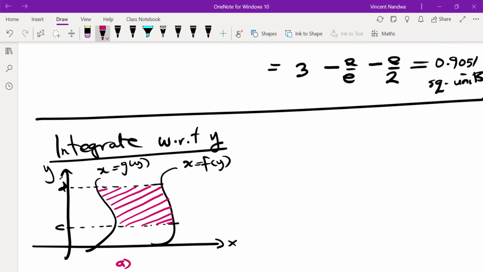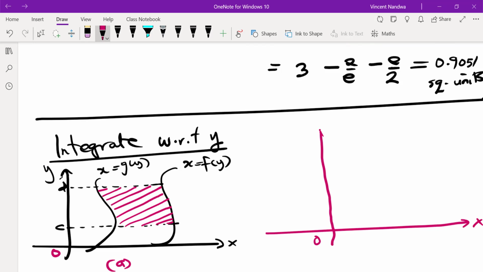This is case A, or we can have the x-axis 0, the y-axis. Then we can have this. This is x equals g of y. Then we can also have this.